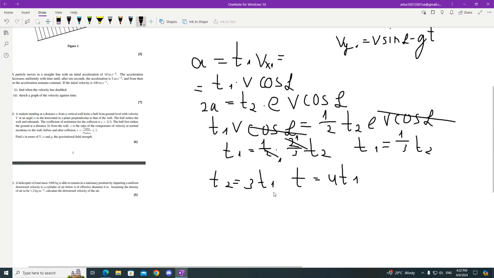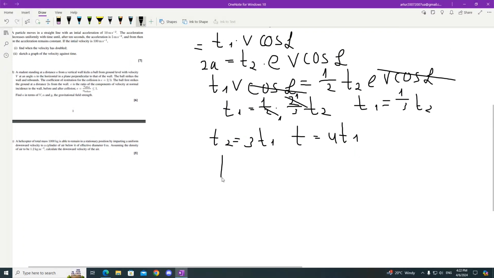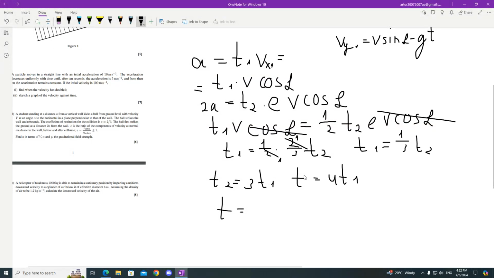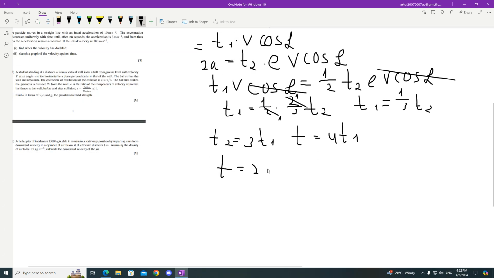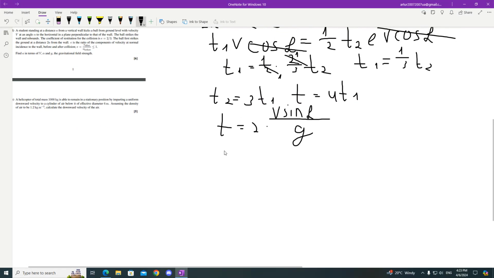So we can say the total time, like from other SUVAT problems, where the ball falls without air resistance in an arc, is 2 V sine alpha over g. It's our total time.